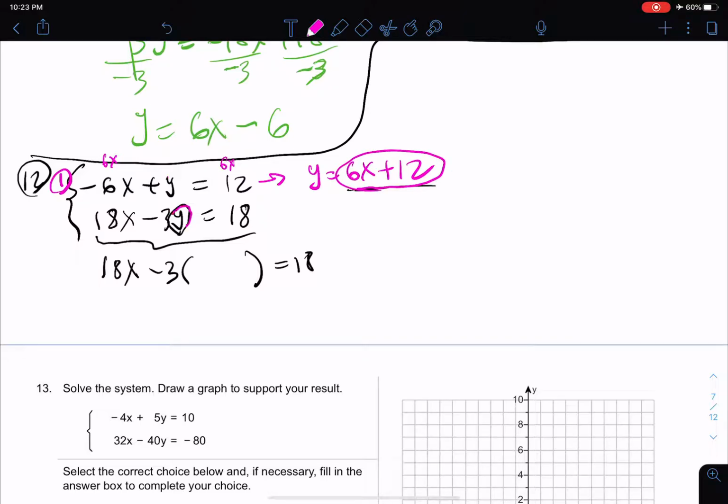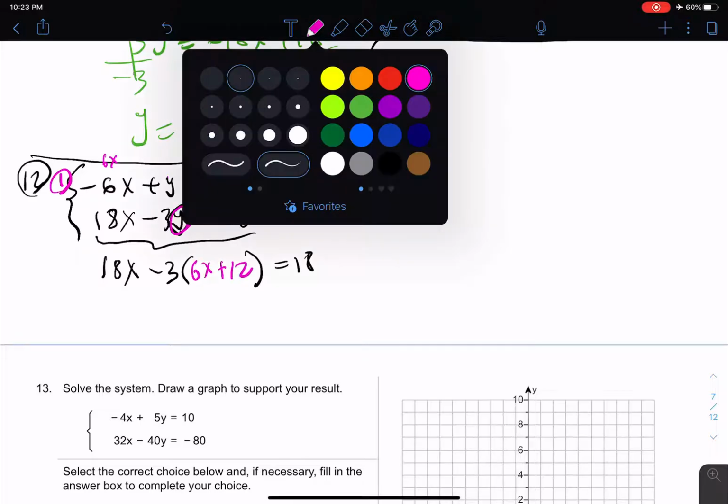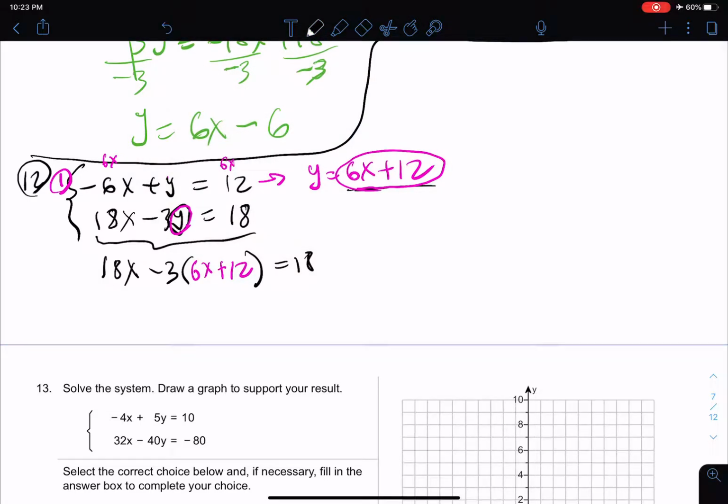So we replace y with 6x plus 12. Now, be careful with the distribution because you have to distribute the negative sign. Negative 3 times 6x is negative 18x. And negative 3 times 12 gives us negative 36.